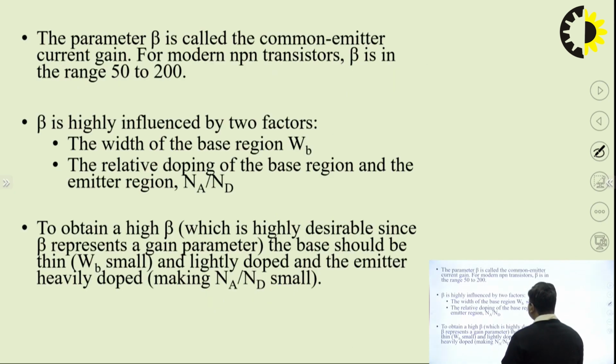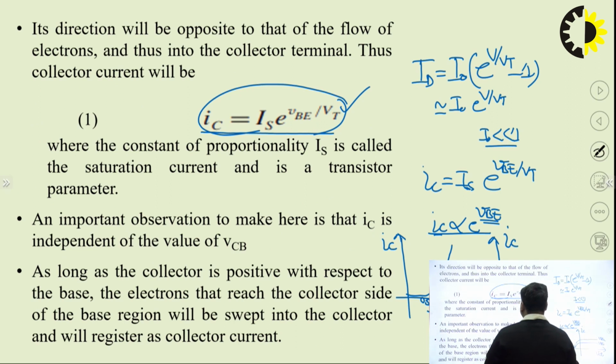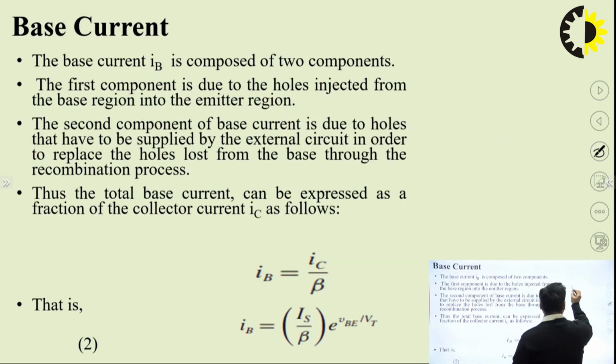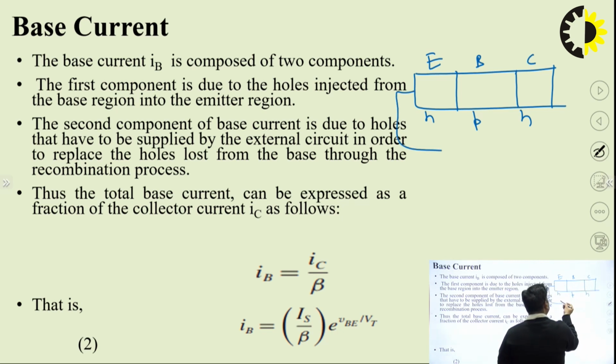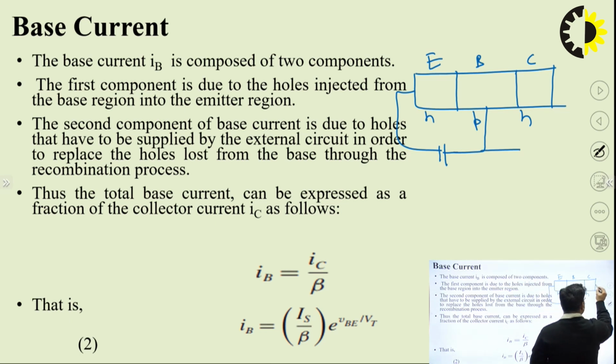Before that, we are going to discuss the base current. If we consider the previous diagram drawn at the first phase, this is an NPN transistor with the emitter, base, and collector. In active mode, the emitter base junction is forward biased by this arrangement and the collector is N type.